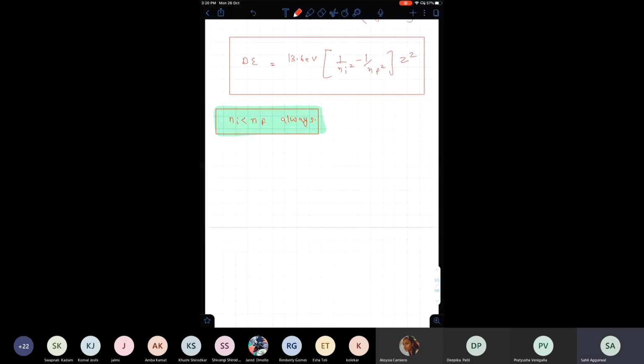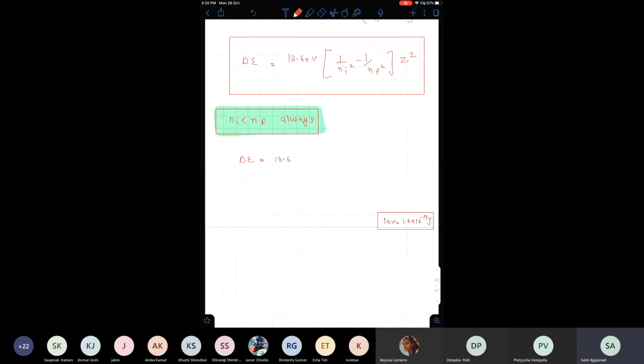So delta E will be 13.6 electron volt. 1 electron volt is 1.6 into 10 to the raised power minus 19 joule.